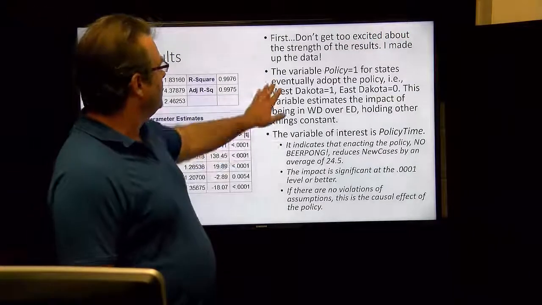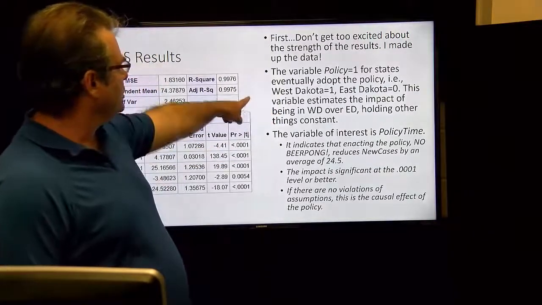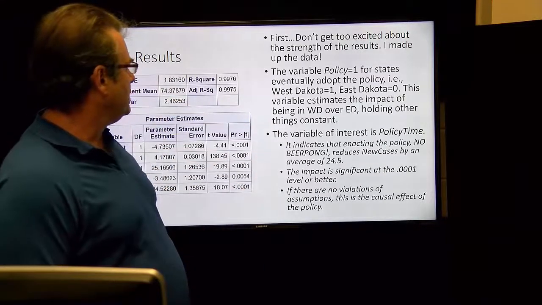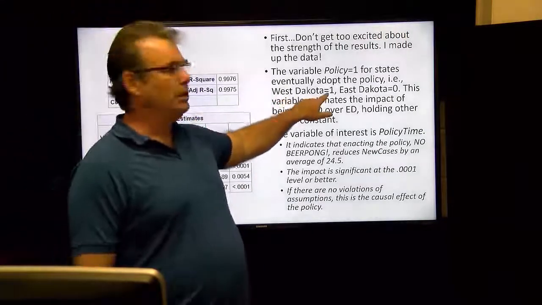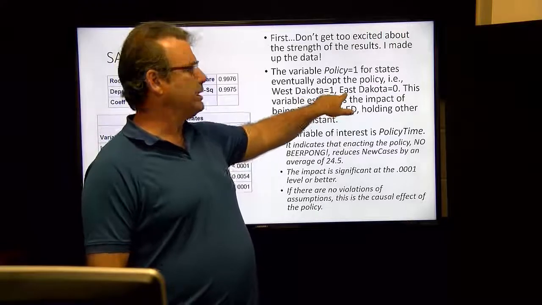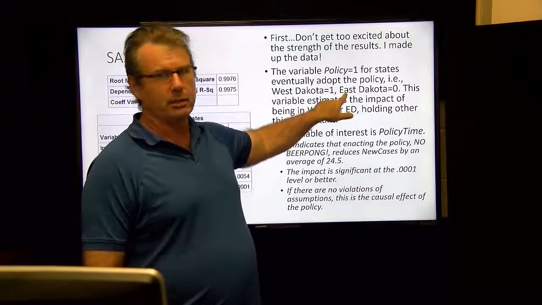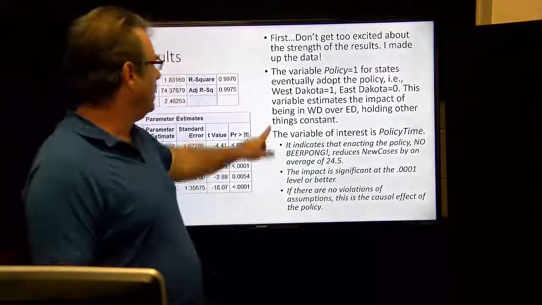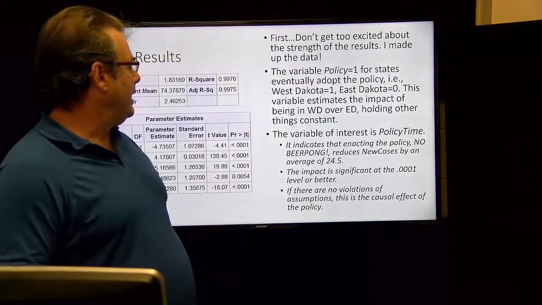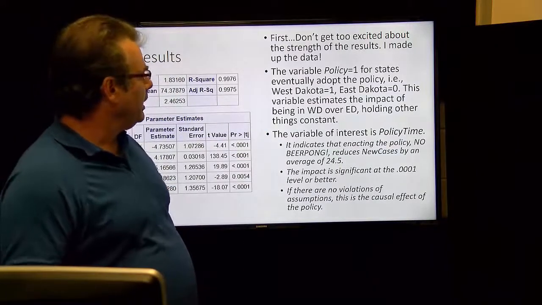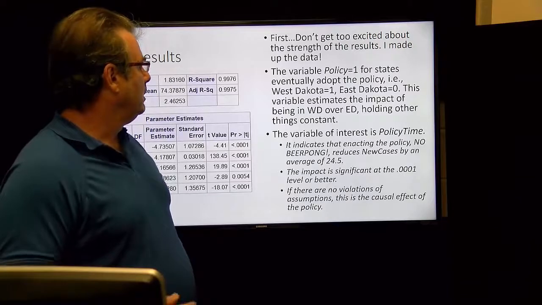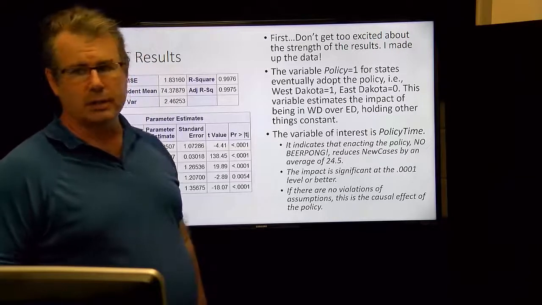We're not. The variable policy equals ones for states that eventually adopt the policy, i.e. West Dakota always equals 1. East Dakota, because it never adopts it, always equals 0. This variable estimates the impact in Western Dakota over Eastern Dakota, holding all other things constant.